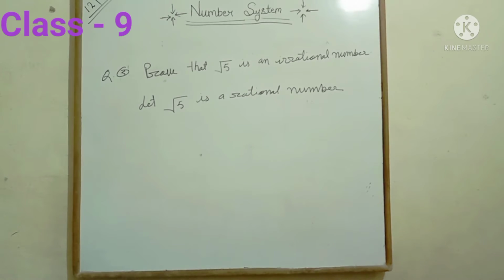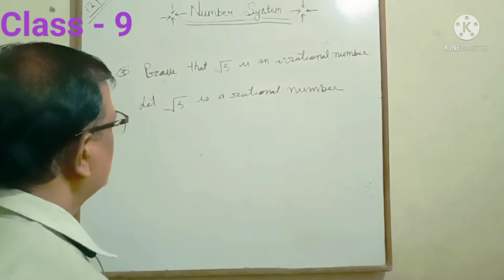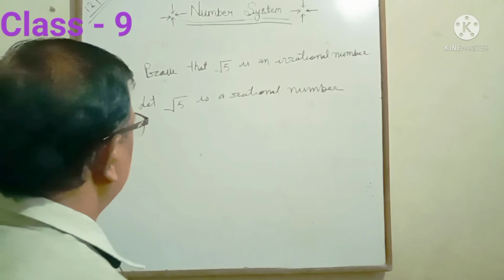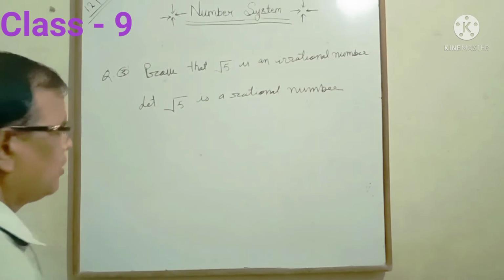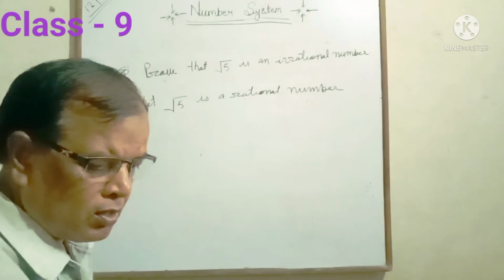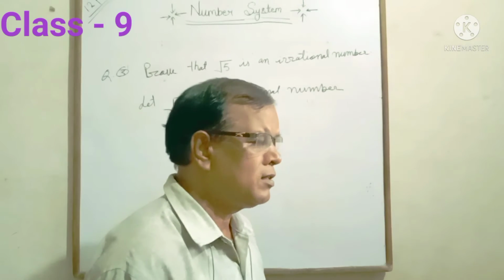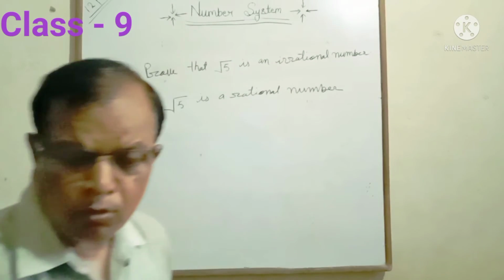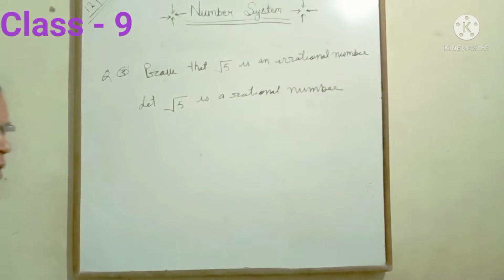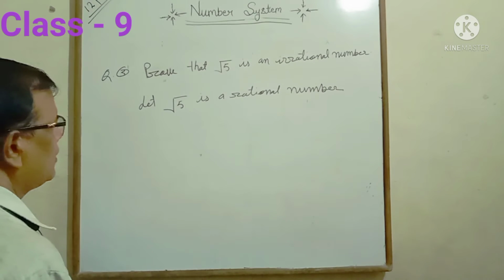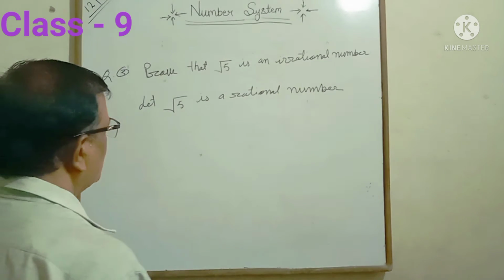Now we explain how we prove that root 5 is an irrational number. We don't know many properties of an irrational number, but we know more about a rational number. So let root 5 be a rational number.